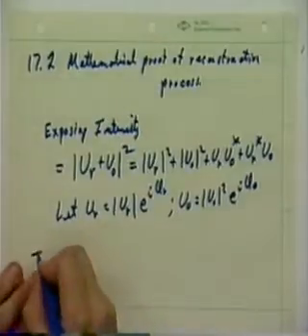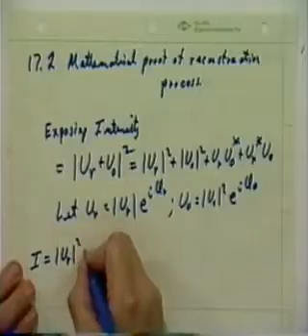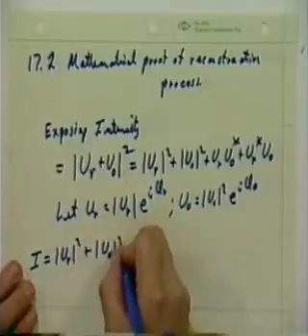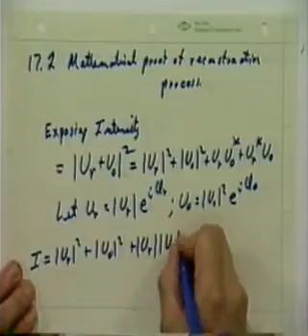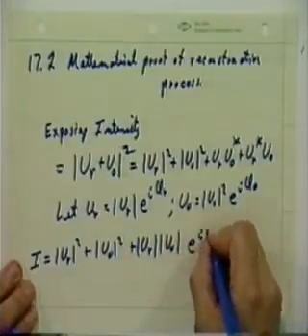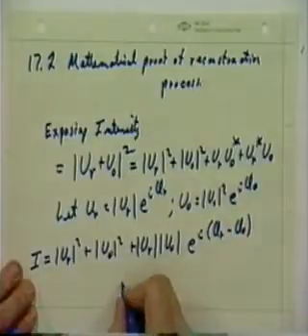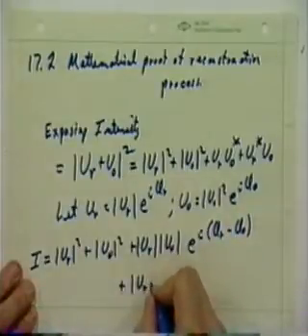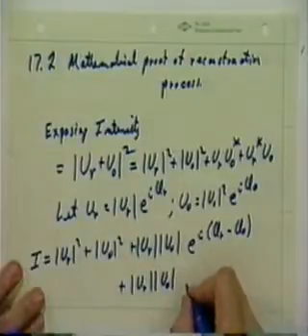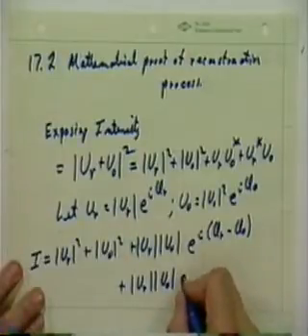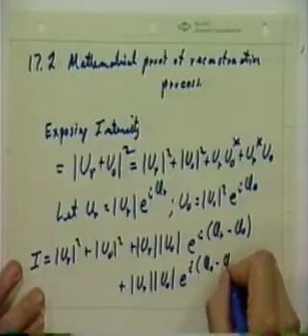And so the intensity here is U sub r squared plus U naught squared plus U sub r U naught e to the i (phi sub r minus phi naught) plus U sub r U naught magnitude e to the i (phi naught minus phi sub r).